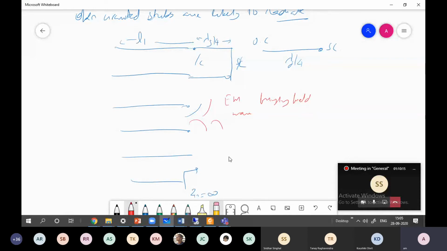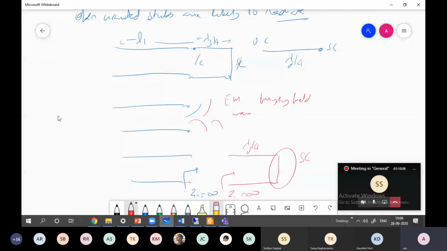So how to achieve it? I will connect a shorted stub of lambda g by 4, so Zn will be infinite. I will bring these two closer to each other. This short circuited stub will not radiate because it is grounded.